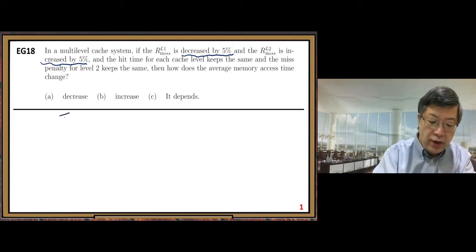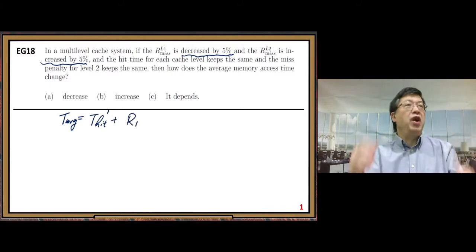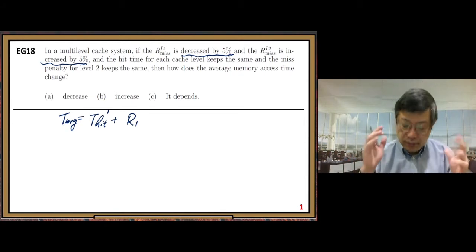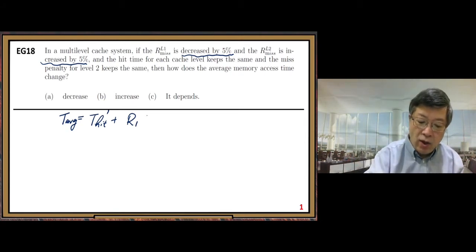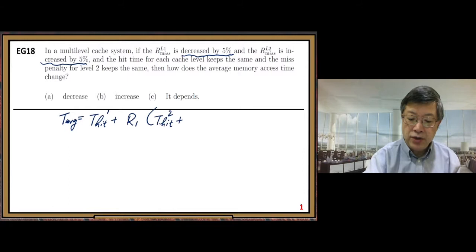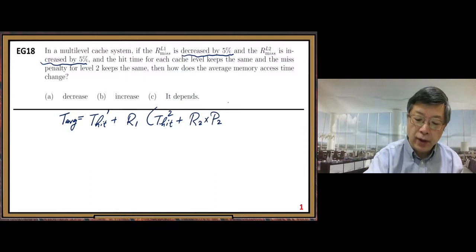T average equals hit time for L1 cache plus R1 times hit time L2 plus R2 times penalty 2.